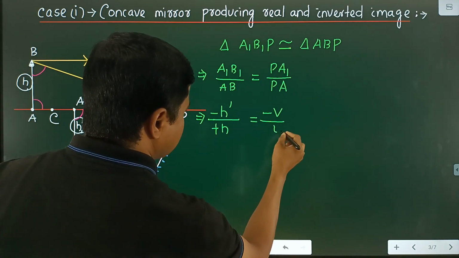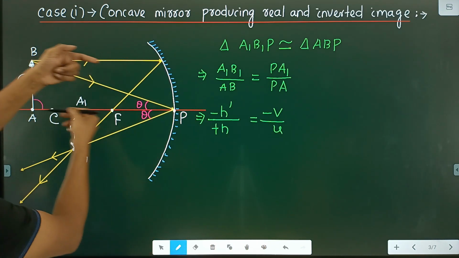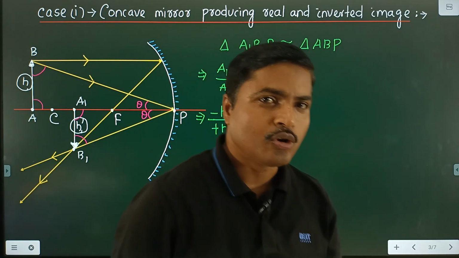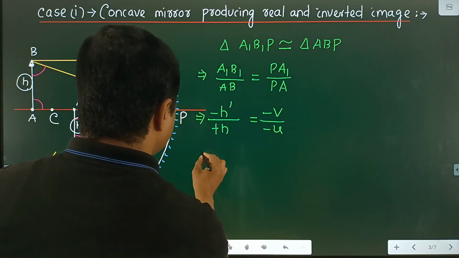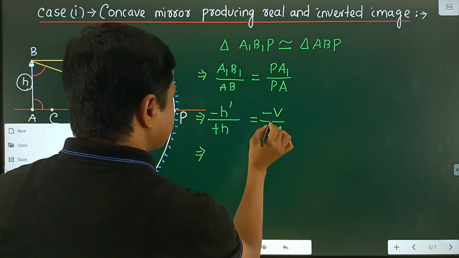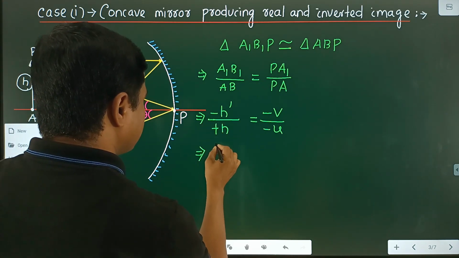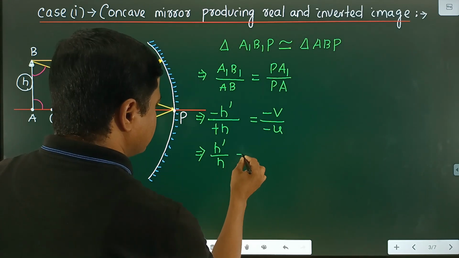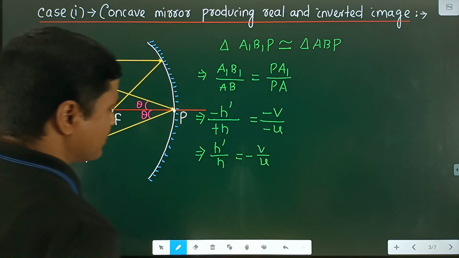For object distance we write U, and this is the direction of the incident ray. We measure from P to A just in the opposite direction, and according to sign convention, opposite direction means the sign is negative. That implies finally the minus and minus cancel with each other. Here only one minus sign is there, so we write h prime divided by h is equal to minus V divided by U. Clear?